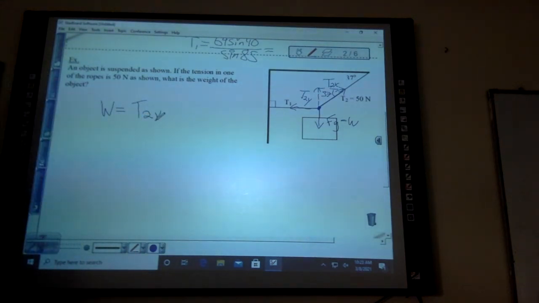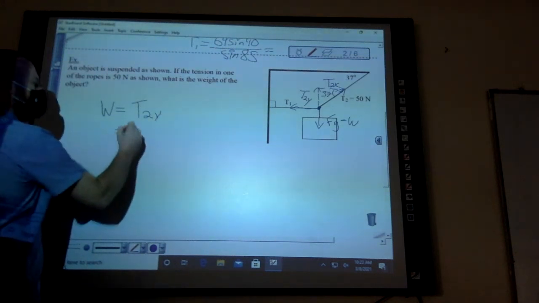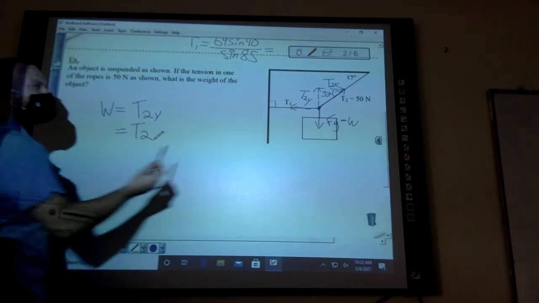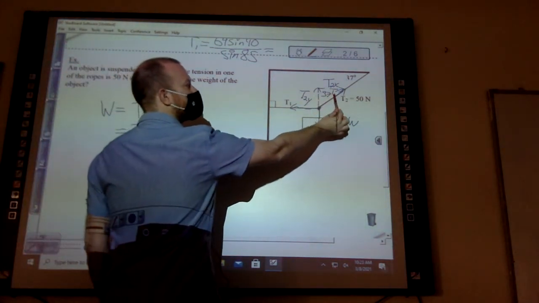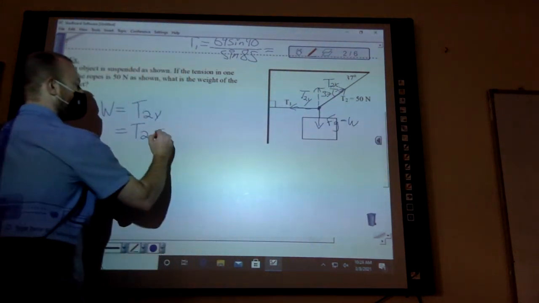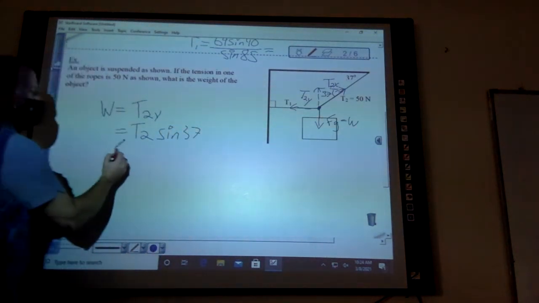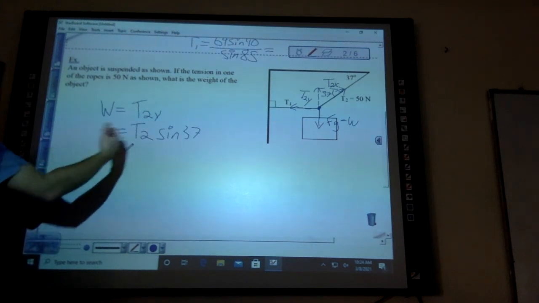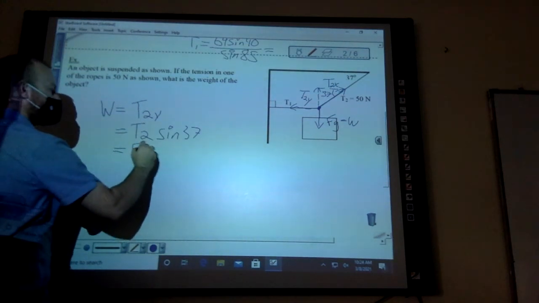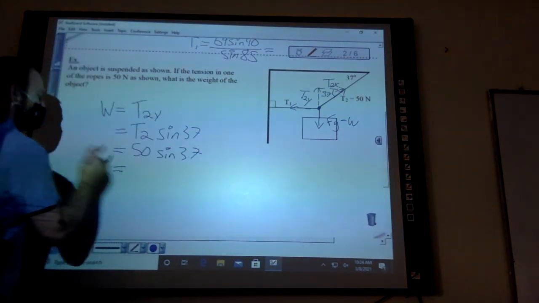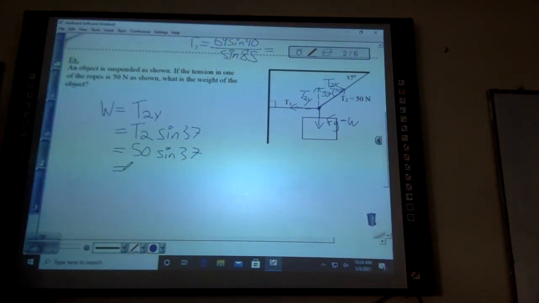Looking at my diagram, T2y is the hypotenuse, T2, times sine 37, because it's on the opposite side. And wonderfully, we have all this information, so it's 50 sine 37. Plug that in your calculator, you're done. Just like that. So really easy. You get some number; I'm not going to plug it in.